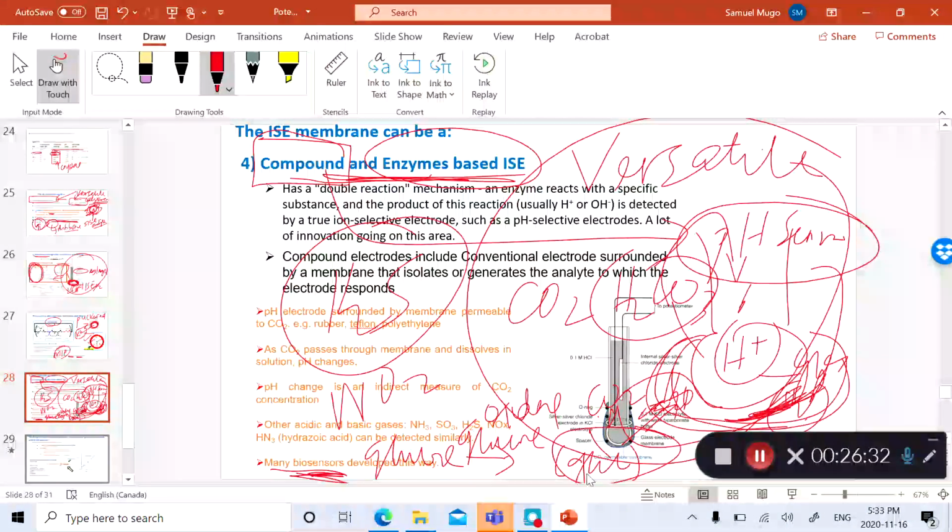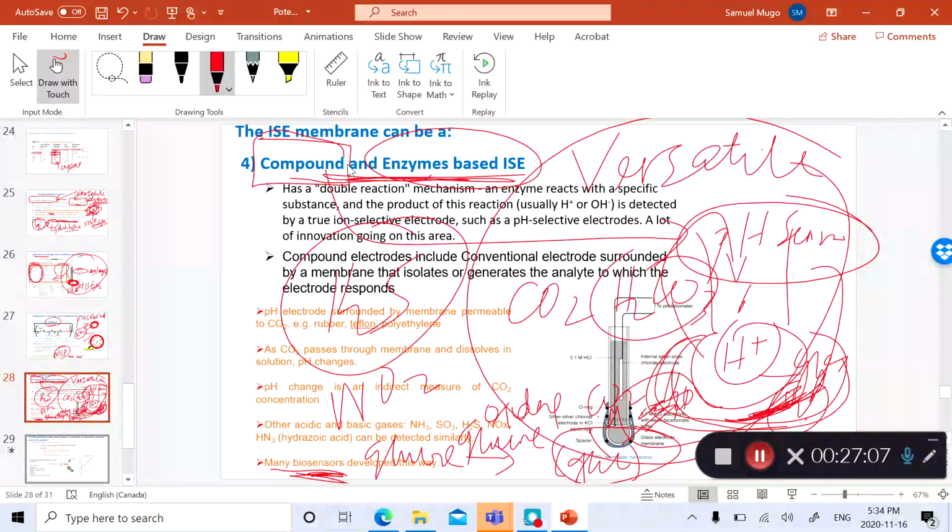There are many, many variations of these type of platforms to analyze many different types of compounds just by choosing the right type of enzyme. You can even make a cholesterol biosensor in the same way. You take cholesterol and then you take an enzyme that is selective to cholesterol, such as cholesterol oxidase, and the product that you get typically is hydrogen peroxide. pH electrodes sometimes are responsive to hydrogen peroxide and so forth.